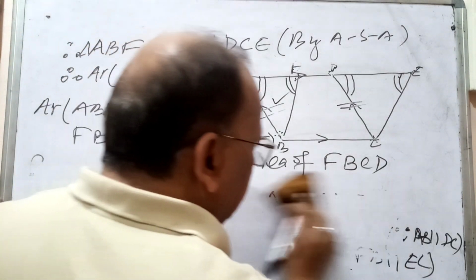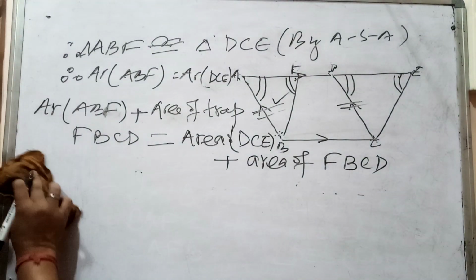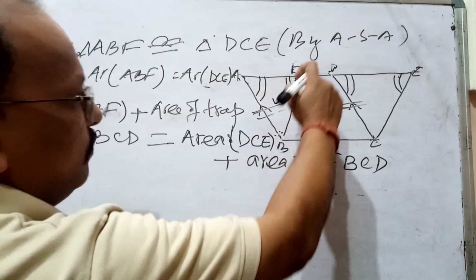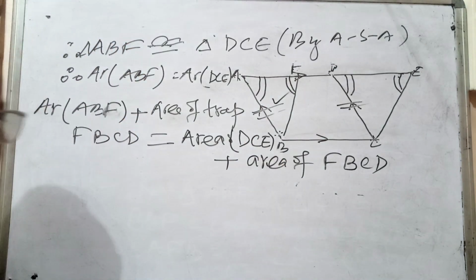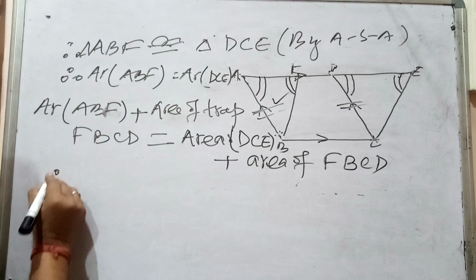Now you can easily see that this triangle ABF plus this trapezium becomes parallelogram ABCD. You understood, no? Equals, on this side, this triangle DCE plus the same trapezium becomes FBCE.